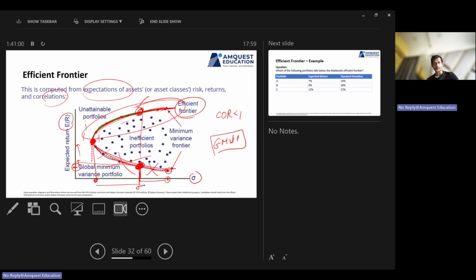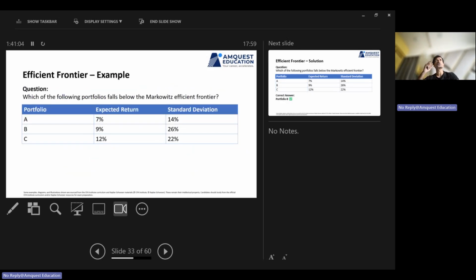Clear, guys? Okay. So when you take an efficient frontier, it's all about getting the right mix. Now you guys tell me, how do we deal with this? Tell me which of these portfolios falls below the efficient frontier. Can't compute it, so tell me which falls below the efficient frontier.